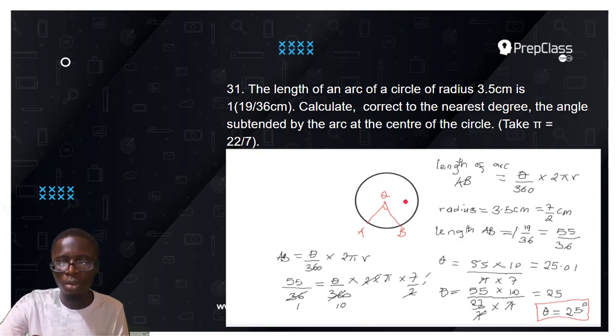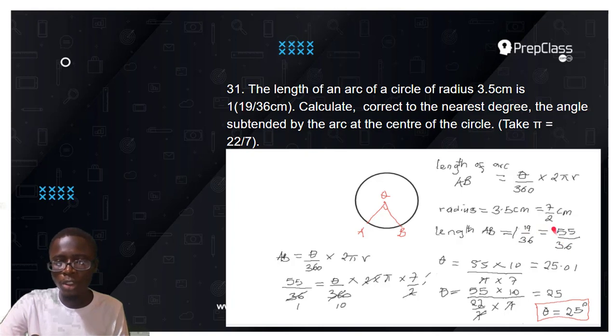So to do that, we need to remember that the length of an arc AB formula is given to be theta all over 360 times 2 pi r, where our radius is given as 3.5 centimeter, which is 7 over 2 centimeter. Length AB, that's the length of the arc, is given as 1 whole number 19 over 36, which can be converted to improper fraction as 36 times 1 plus 19, that's 55 all over 36.